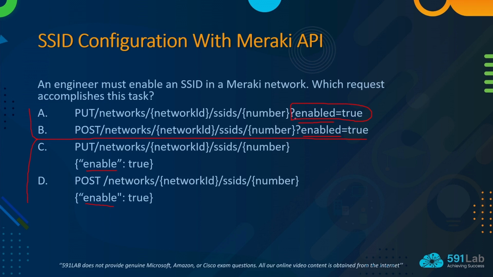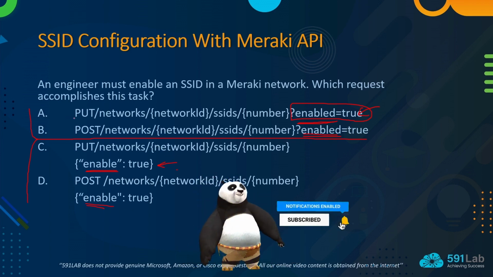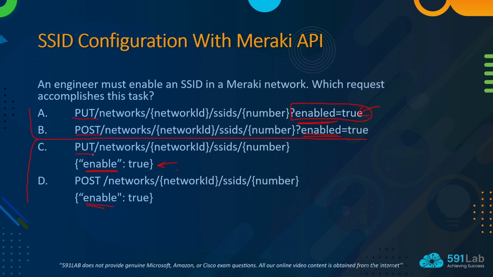I think this way of parameter, and also this way of payload parameter, is all right, but the difference is the first one is enabled, then C and D is enable. Okay, the method is PUT or POST, so we must view the API documentation of Meraki, and we will find the correct one.